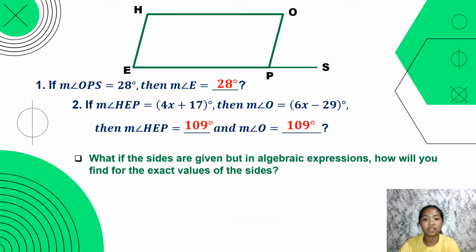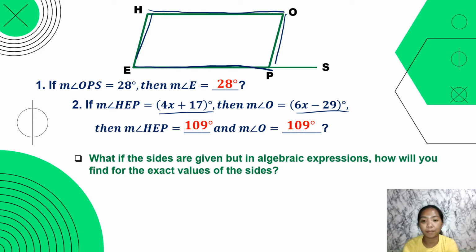Next, what if the sides are given in algebraic expressions, just like here, 4x plus 17 and 6x minus 29, but we are not talking about the angles. We are talking about the sides: the sides HO, OP, EP, and HE. How will we find the exact values of the sides?